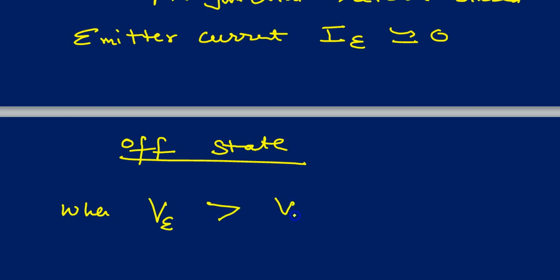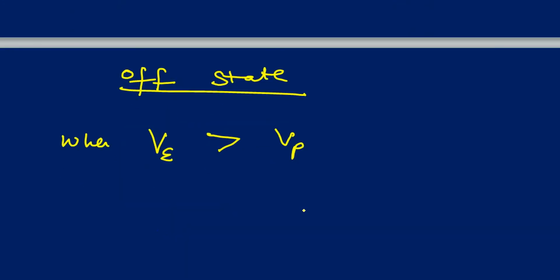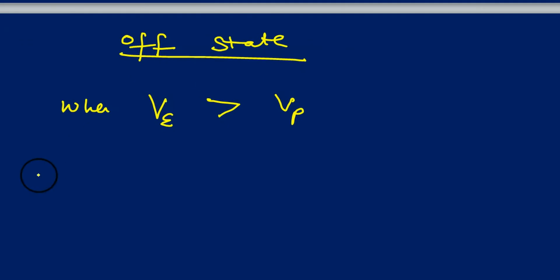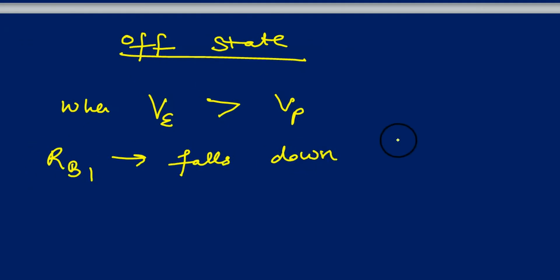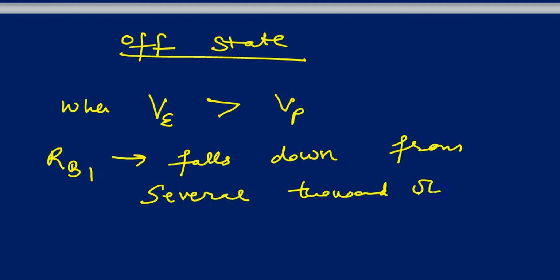And if the emitter voltage is equal to or greater than VP, just crossing VP, what happens? RB falls down from several thousand ohms to a very small value.